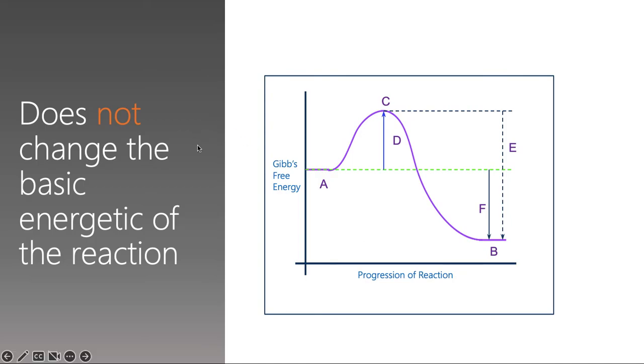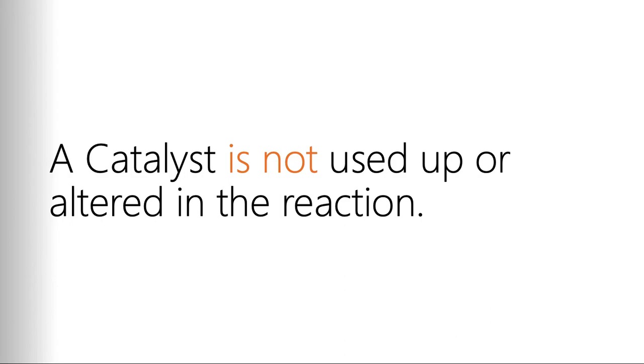As I mentioned earlier, it does not change anything else about the reaction. So the energy of the reactants and the energy of the products stay the same. What happens is you lower that energy of activation value. And lastly, a catalyst is not used up or altered in any way in the reaction. So it doesn't partake per se in the chemical reaction.